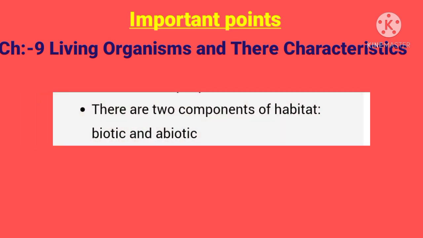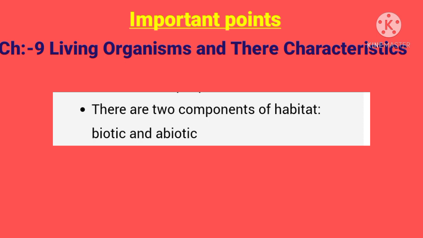The next point is there are two components of a habitat, that is biotic and abiotic. What is biotic? The living organisms are known as the biotic components. And what are the abiotic? All the non-living things are abiotic components.